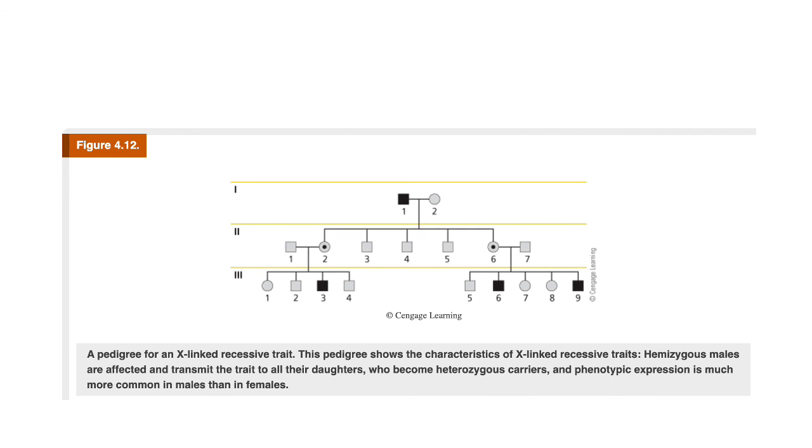So let's take a look at this pedigree in which the dad is expressing the recessive trait, and in this case the female is not. Simply because the dad is expressing the recessive trait, that trait will be passed on to the females, but the females are not going to express it.